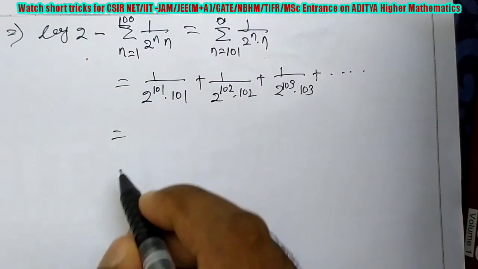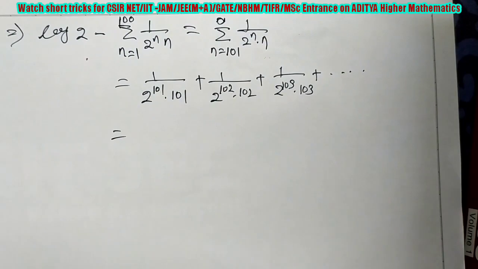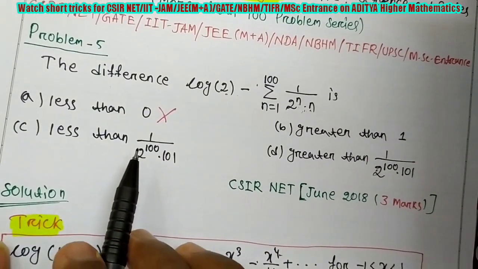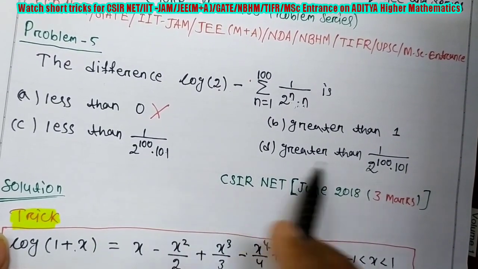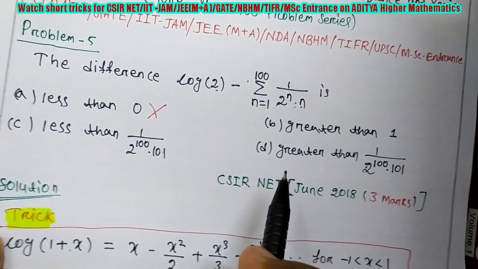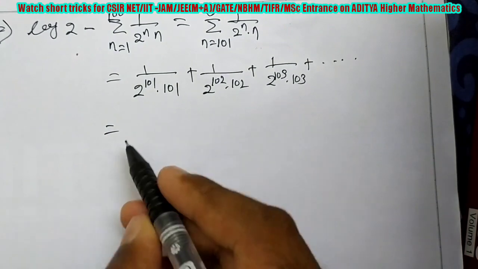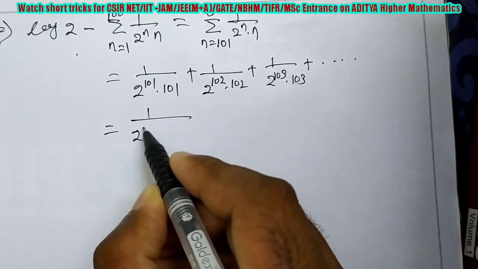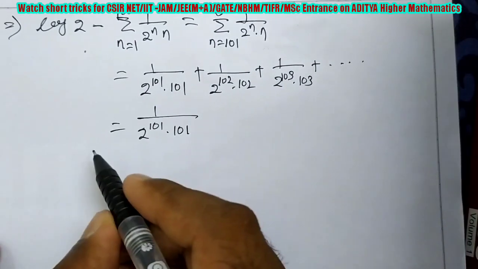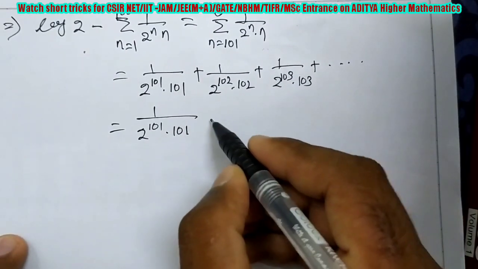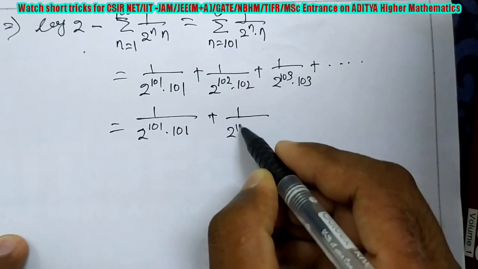Now the question is given, you can see the second option is given greater than 1, but the C and D options are given with 101 as the denominator. So we are doing one thing, if we write all the denominators as 101, then we will see what is happening.